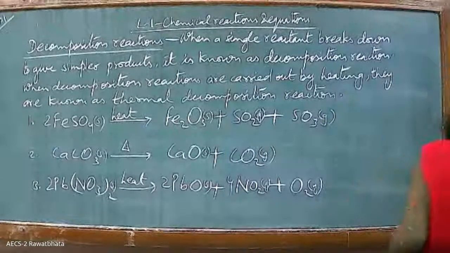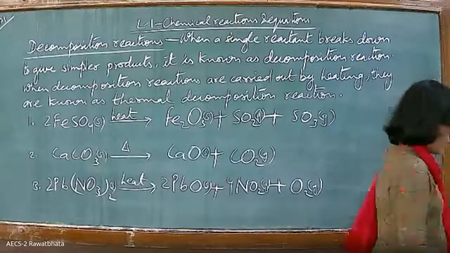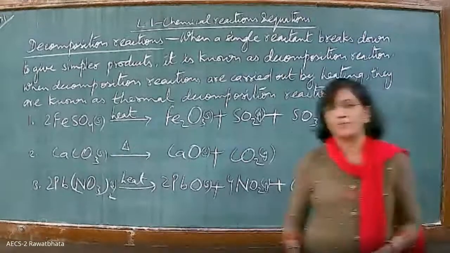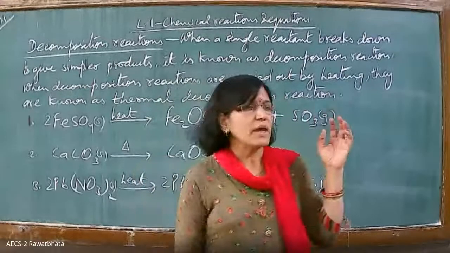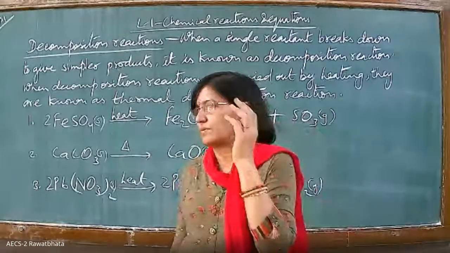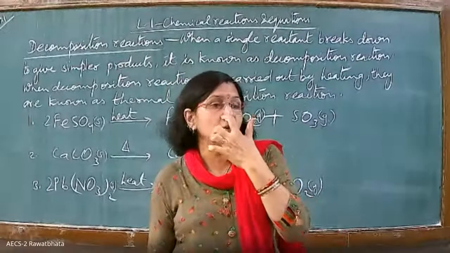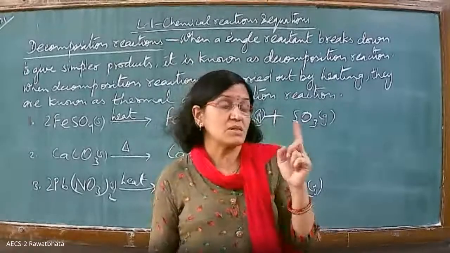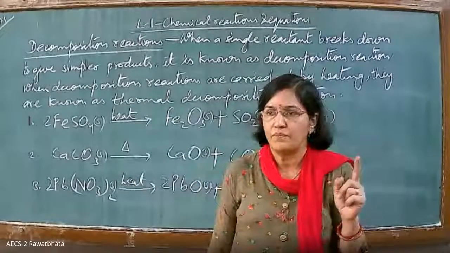The next one, of course, is breaking down with the help of electricity. And the best example to that is electrolysis of water. Electrolysis of water, one term, and in case of lesson number 6, that is life process, we are going to read for photolysis of water. 2 terms.